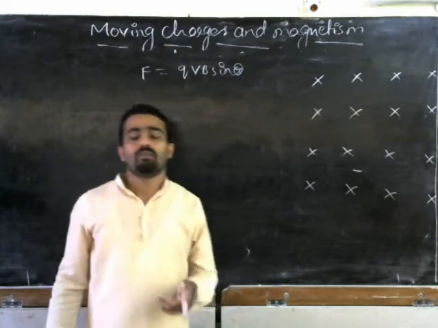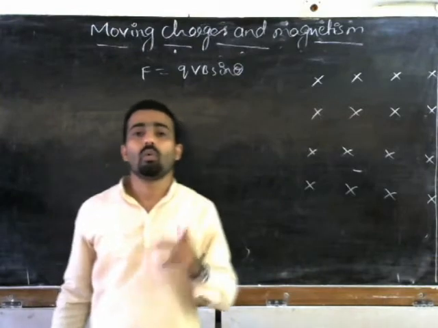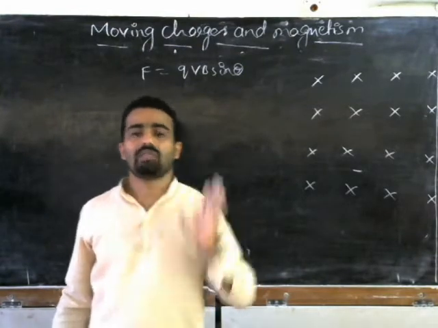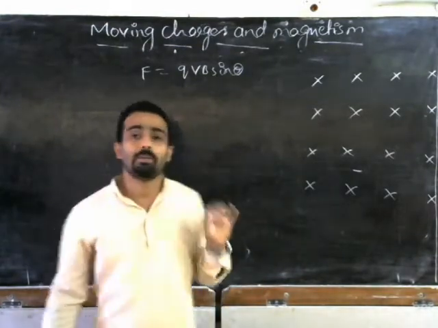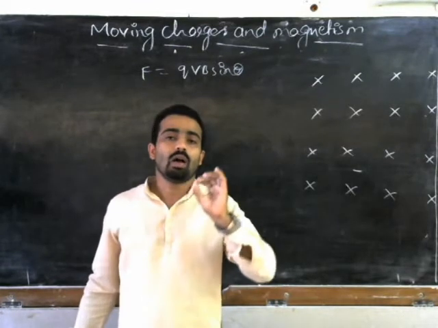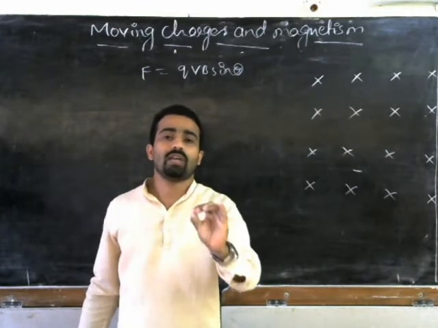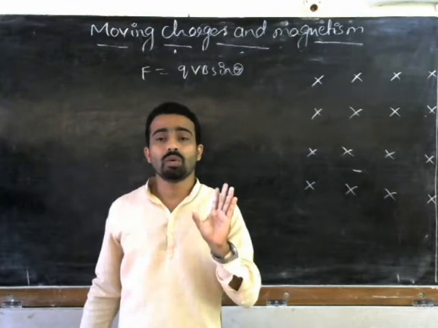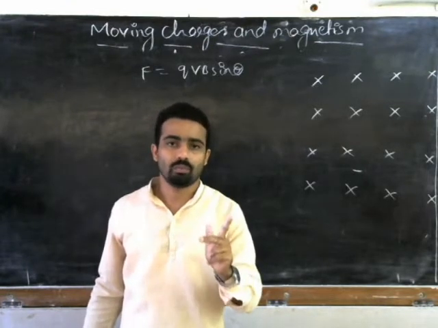But the Fleming left hand rule holds good for only one particular case, that is when the charged particle is moving perpendicular to the direction of the magnetic field. Then only you can apply Fleming left hand.